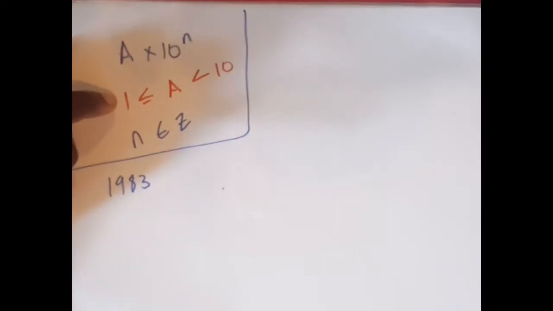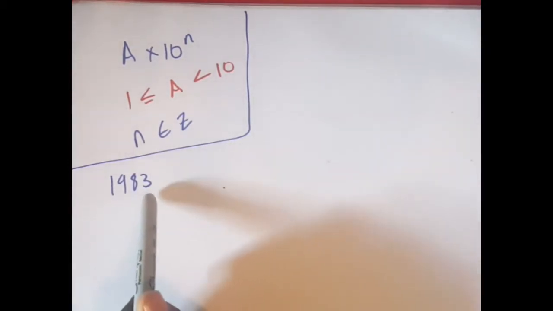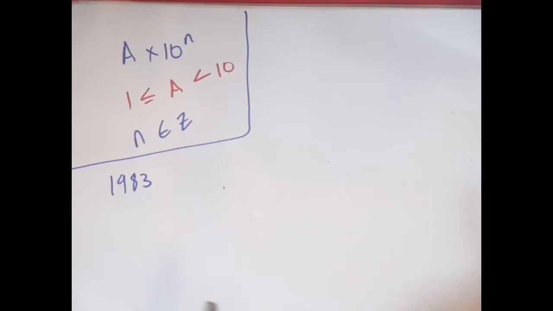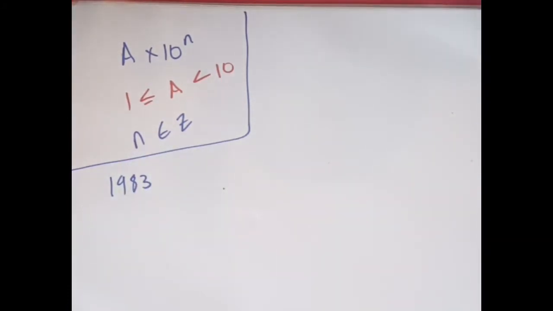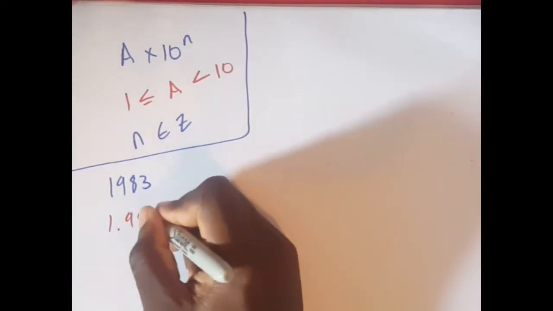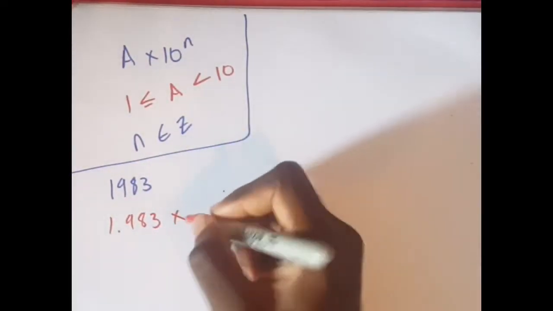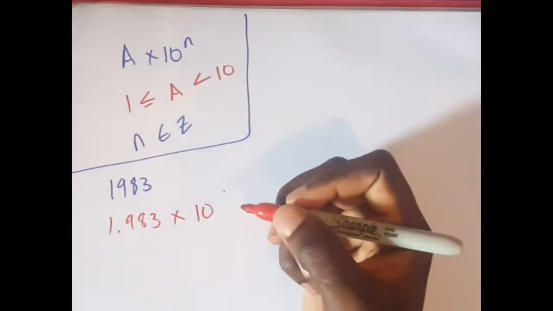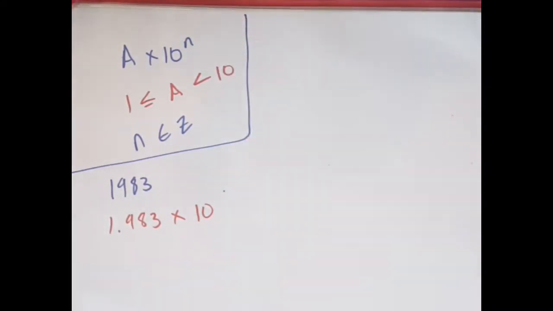Remember, a is a number between 1 and 10. 1.983 is a number between 1 and 10, so you would have 1.983 as your a times 10, and then you would want a value for n.